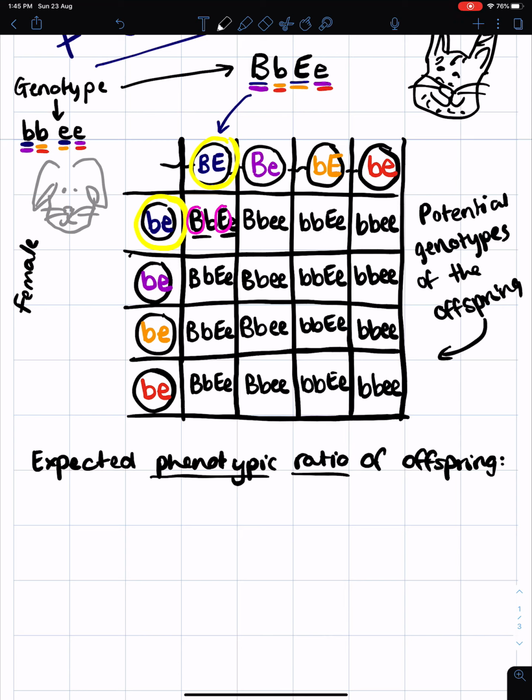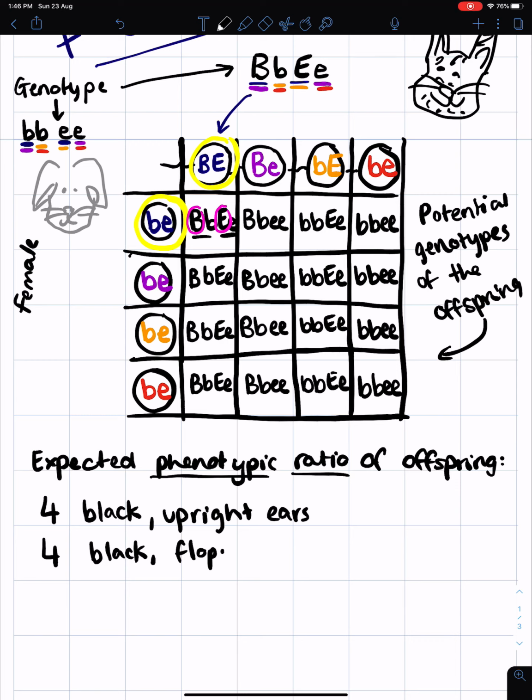So we can see here, if we look in that first column, we have got 4 offspring that are going to be black with upright ears. We've got 4 offspring that are going to be black with floppy ears.